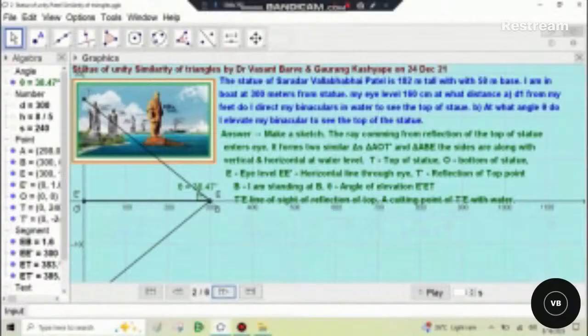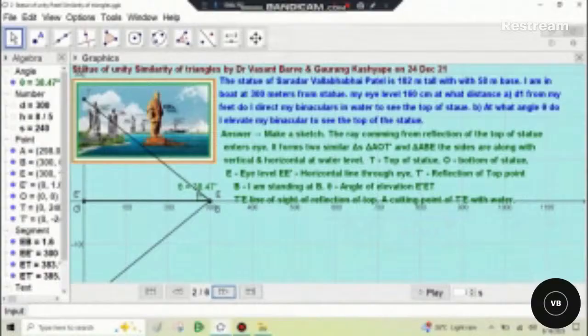So I make this particular sketch. You see, this is a huge scale problem. So that is why it is difficult for you to see different points, but these different points I will make visible by expanding this at the end of this particular session.